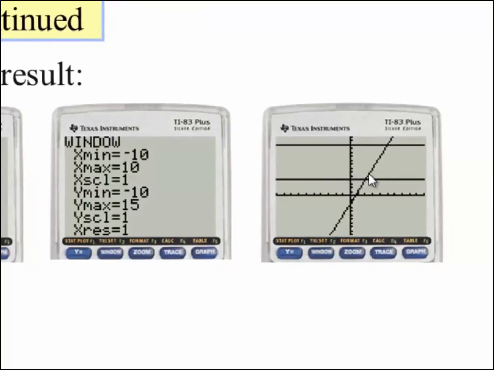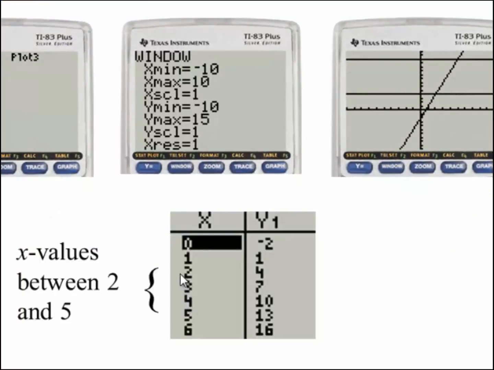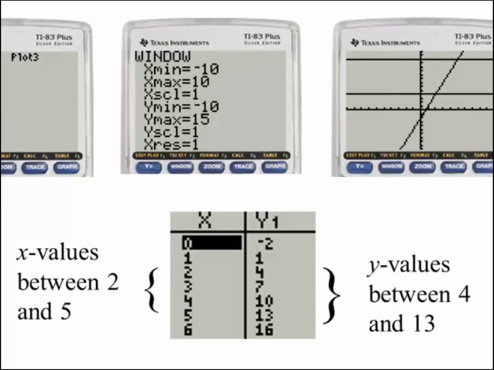So this line is y equals 4, this line is y equals 13, and this line here is 3x minus 2. If we look at the table feature between 2 and 5 on the x-axis, we'll produce y values between 4 and 13, the original numbers in our problem.